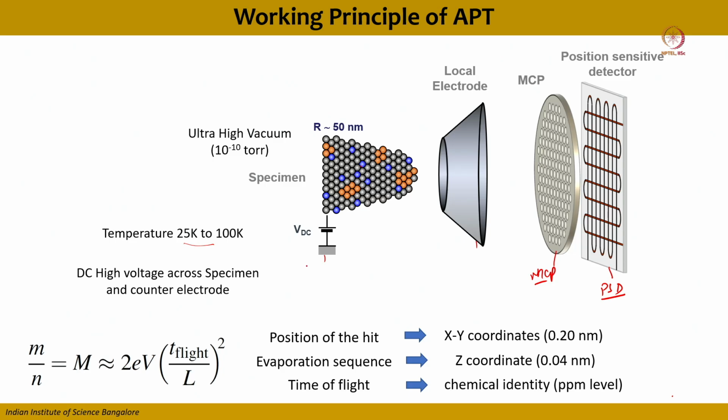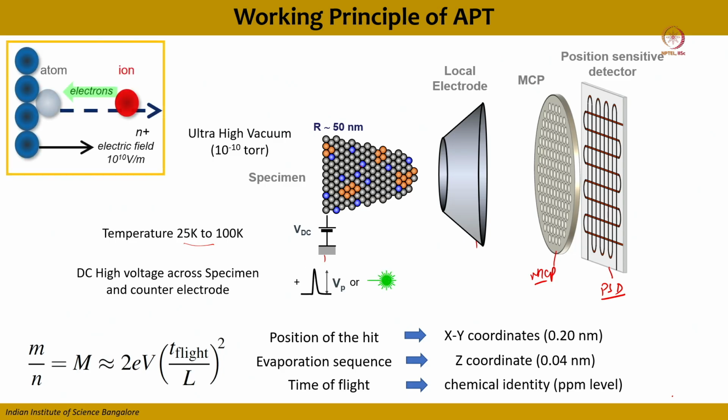Okay, you are applying a DC voltage. When you apply a DC voltage, there will be a polarization of the atoms present on the surface, and due to this polarization and the electric field on the tip surface, these atoms get ionized and are accelerated along the field lines.